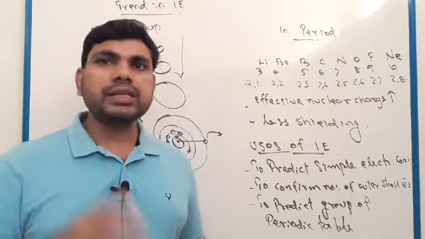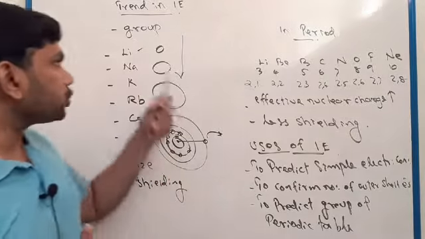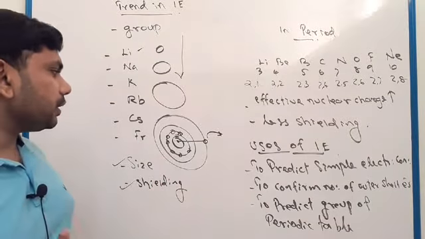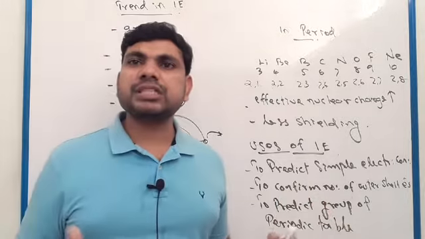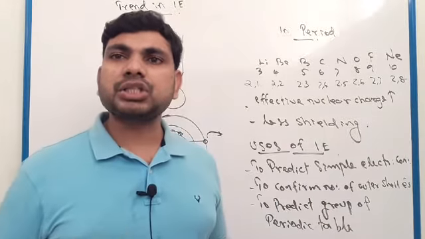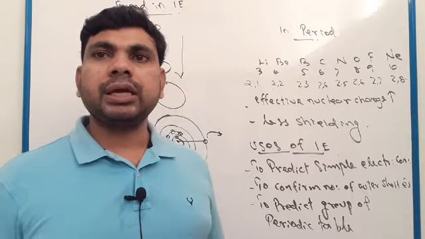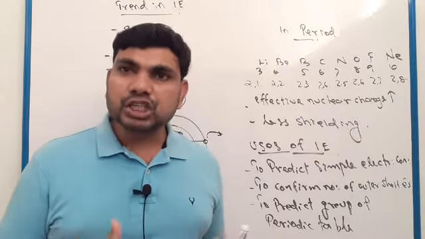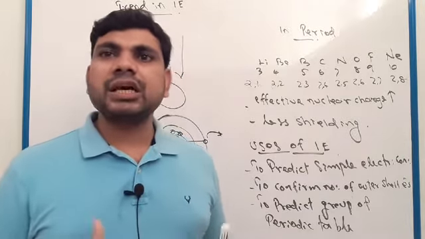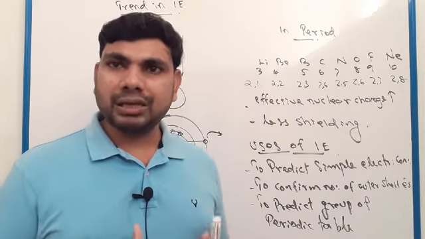So there are two reasons for ionization energy to decrease from top to down. First reason, atomic size increases, distance between nucleus and outer shell electron increases, so less energy is required. Second reason, shielding effect. Number of inner shell electrons increases, so electron repulsion increases.